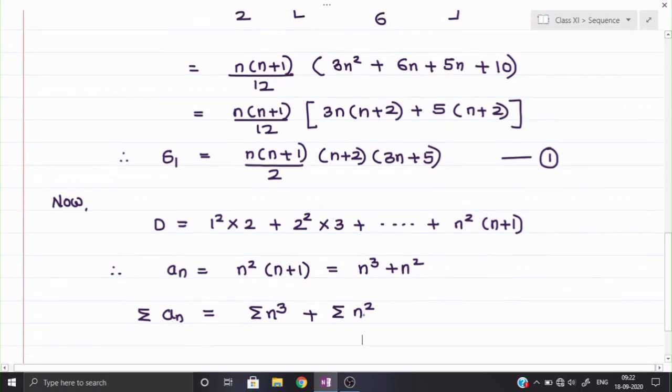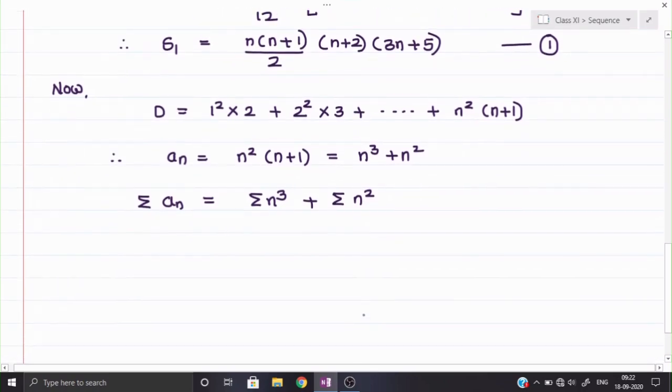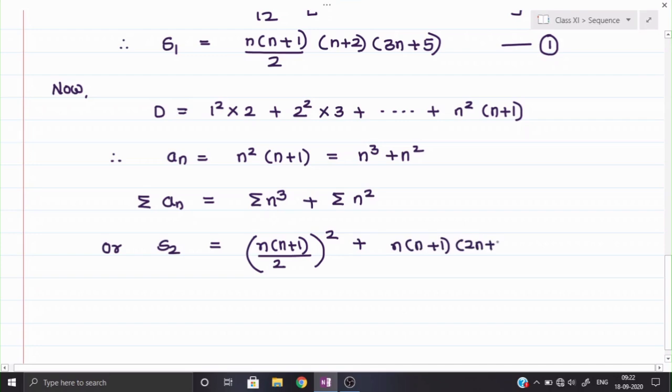Okay, apply the formula of summation of n cube and summation of n square, and this summation of an I am supposing as S2. So this will be [n into (n plus 1) upon 2] whole power 2 plus n into (n plus 1) into (2n plus 1) upon 6. That is the formula of summation of n square.